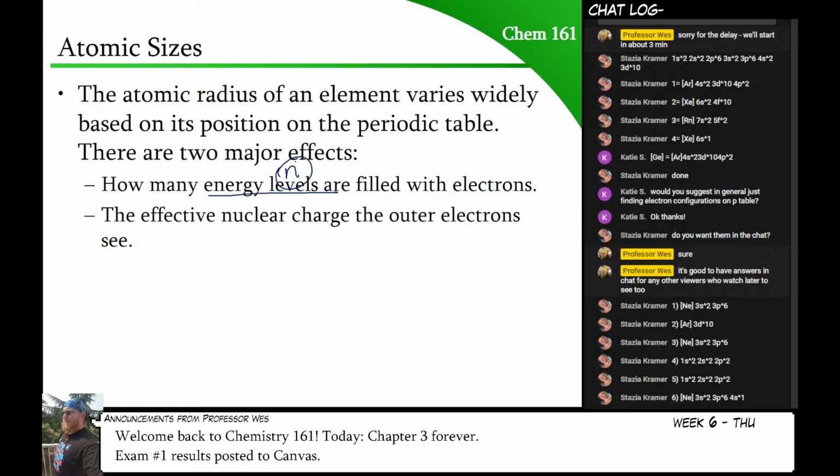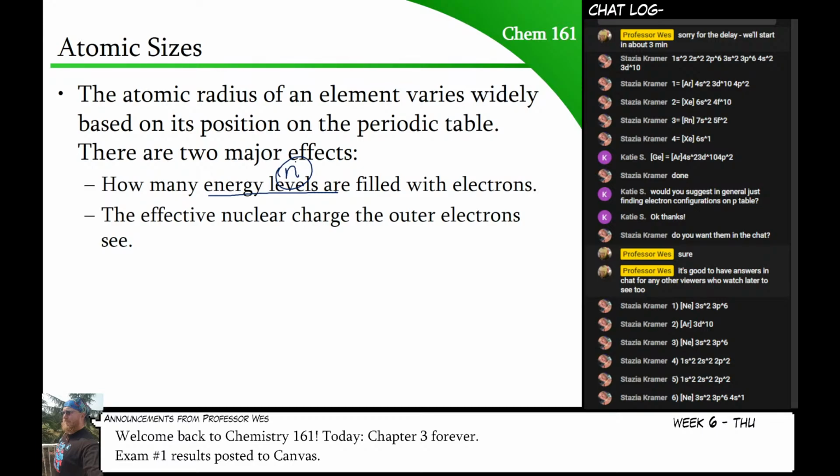Well, if you have more N's, the atoms get bigger because the electrons fill shells kind of like an onion. How many layers of onion skin do you have on your onion? The more there are, the bigger the onion. With atoms, it's the same principle. The more layers of electrons you have, the bigger the atom is, because those furthest electrons are farther away from the nucleus than the closer ones.